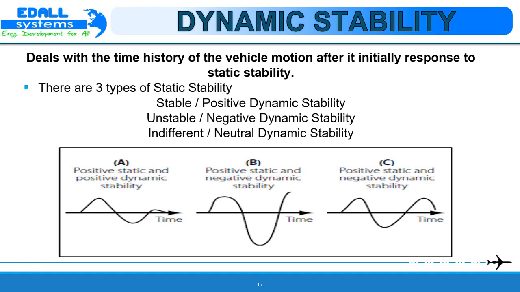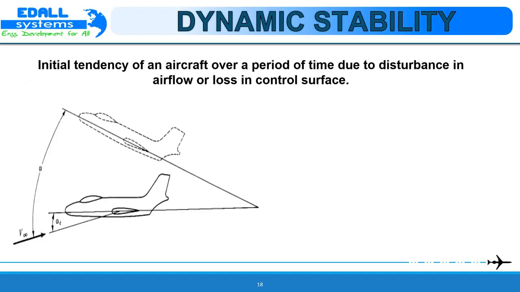Let us look at an example. Consider an airplane flying at an angle of attack alpha e such that its moment about the center of gravity is zero. The airplane is therefore in equilibrium at alpha e. In this situation, it is trimmed and alpha e is called the trim angle of attack. Now assume that the airplane is disturbed to a new angle of attack alpha as shown in the figure.